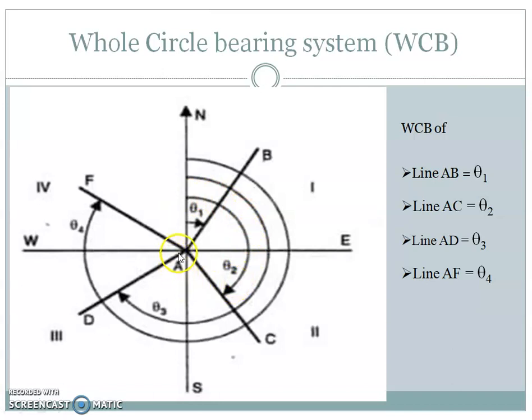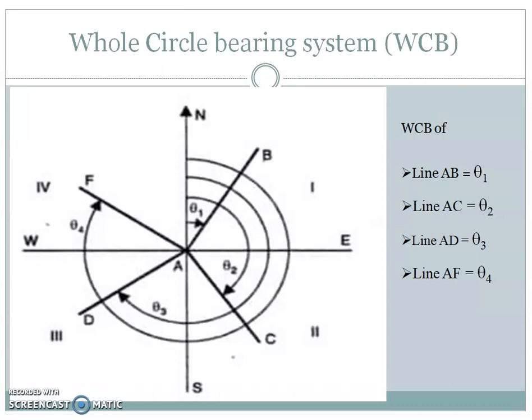Similarly, the whole circle bearing of line AD is θ3, which is measured again from the magnetic north till the line AD. And similarly, for AF, the whole circle bearing of line AF is θ4, which is again measured from the magnetic north. So this is how we read the whole circle bearing of any line or any point on the earth's surface.